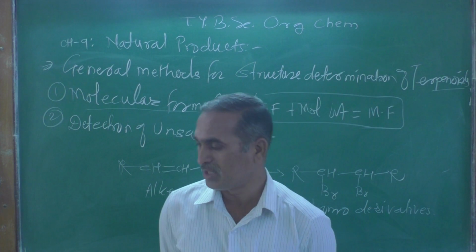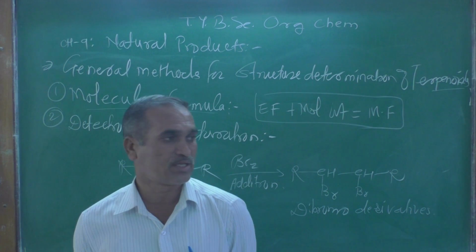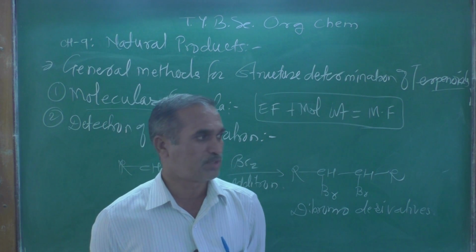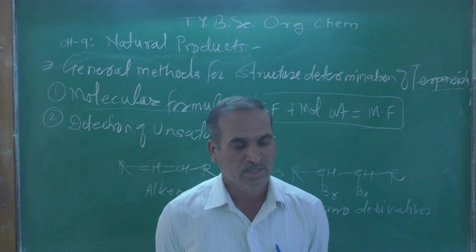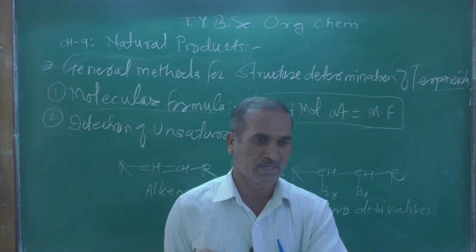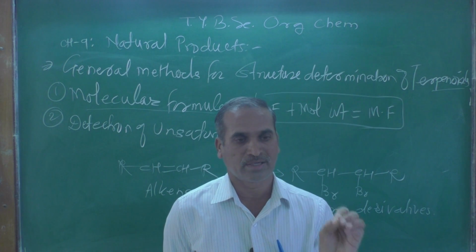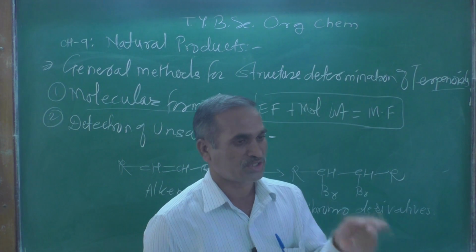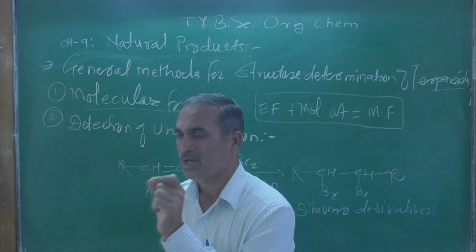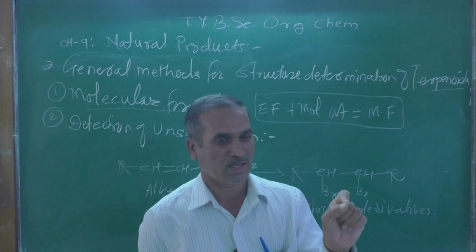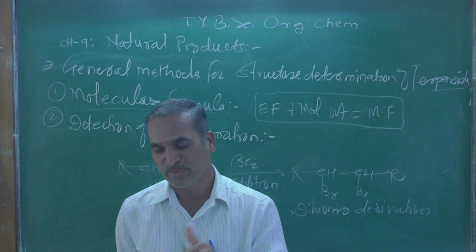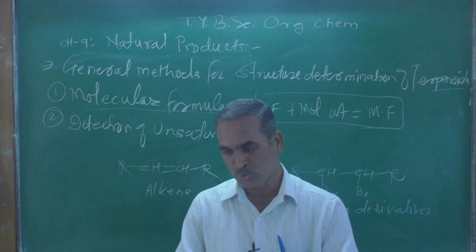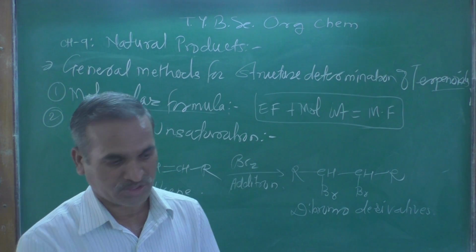The terpenoid is treated with Br2, and if one mole of bromine is consumed, it clearly indicates that the terpenoid contains one carbon-carbon olefinic bond in the given unknown compound. So, this is the way to answer these questions.